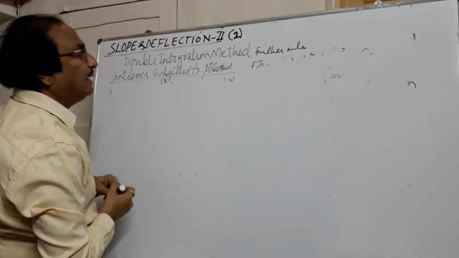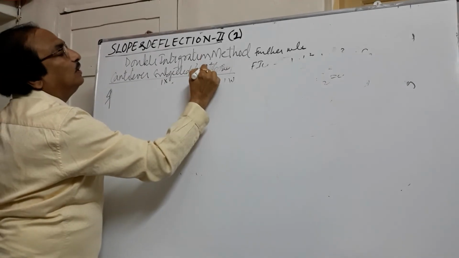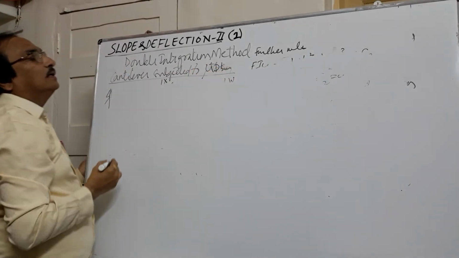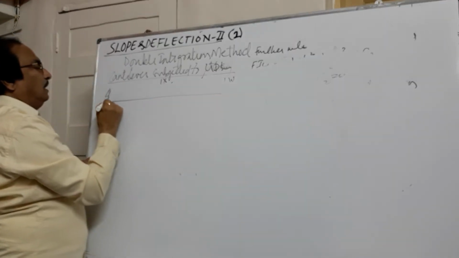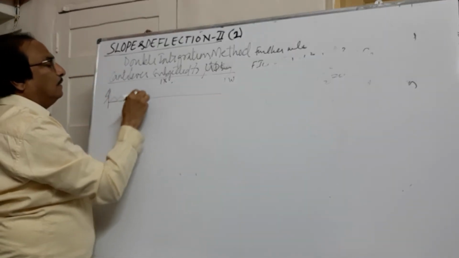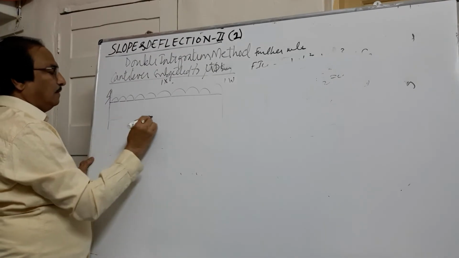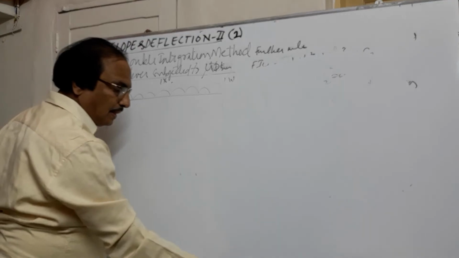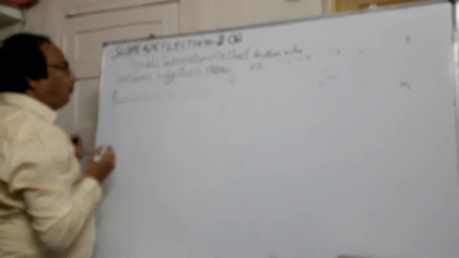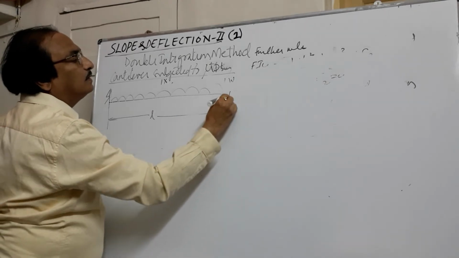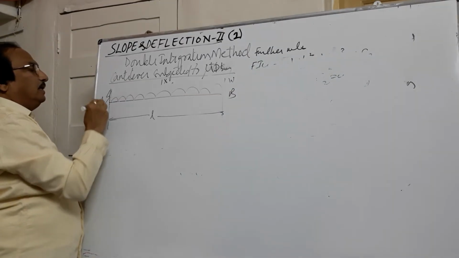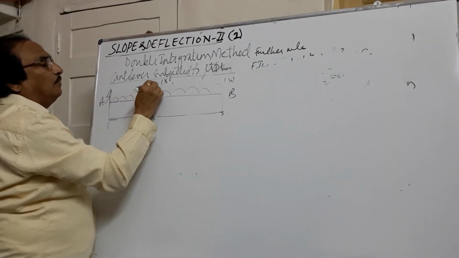Suppose I take a cantilever beam carrying UDL. Let the length of the beam be L, this is B, this is A, this is W per unit length.